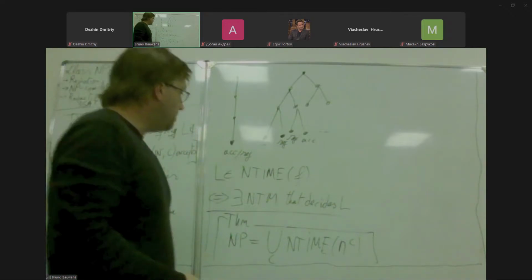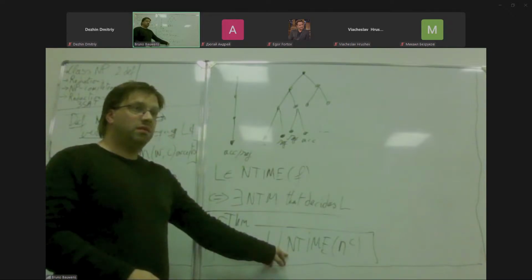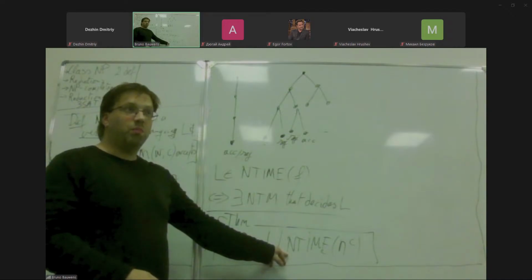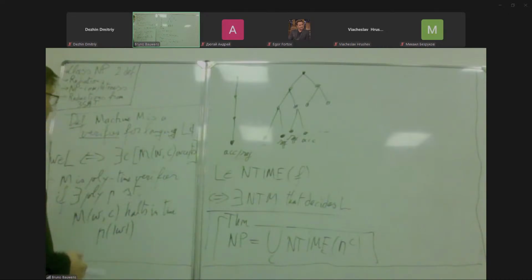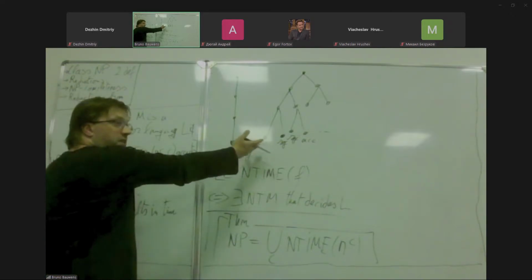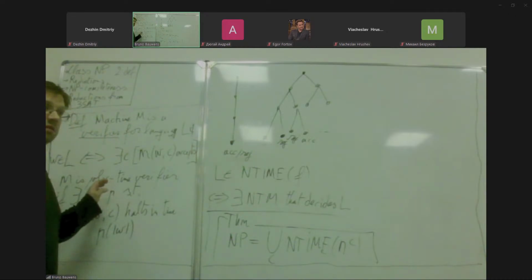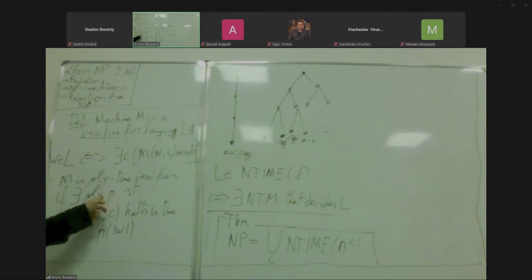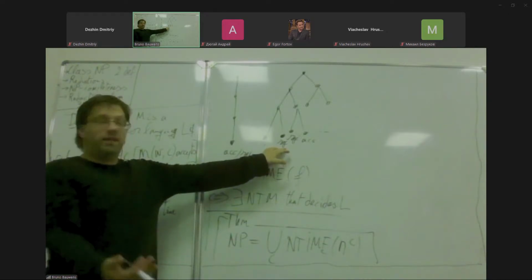Okay. And now we might have an idea how to prove the theorem. Both directions are rather easy. Imagine that a language is decided by a verifier. What could be the non-deterministic machine that runs in polynomial time and decides the language? Yes, exactly. If we have a verifier, we have such a machine. And now the other direction.